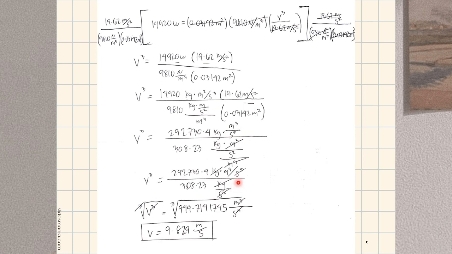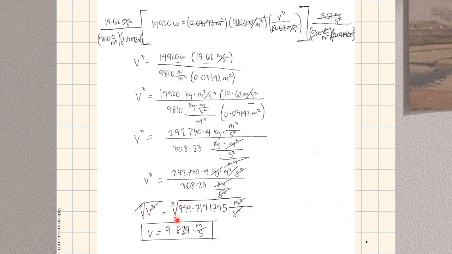And write the remaining value in unit. And to cancel the V cubed, we're going to take the cube root. V raised to 3 equals the cube root of the total of this, 292,730.4 divided by 308.23, and we get 949.7141745 cubic meter over second cubed. So cancel the same unit.